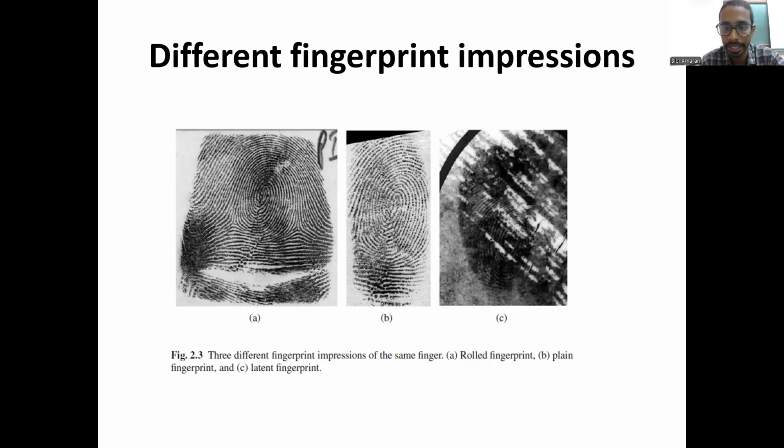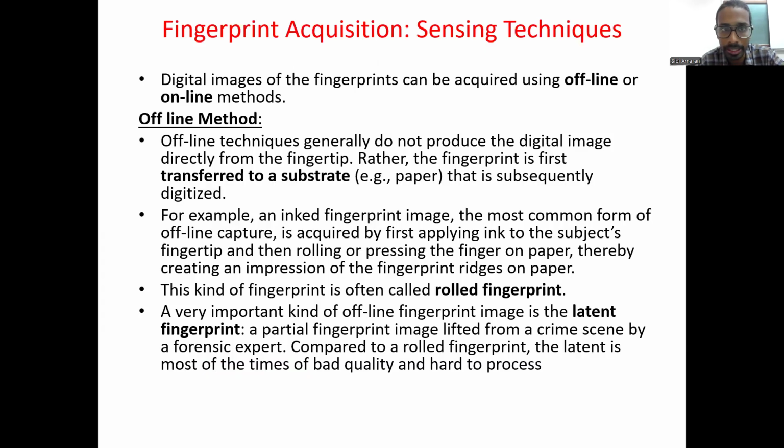So what does the A rolled fingerprint represent? Some people are uneducated, so they don't know how to put a signature. Automatically, what they do is, through ink, they put their fingerprint, I mean, they put their hand on the paper. That's what is represented here.